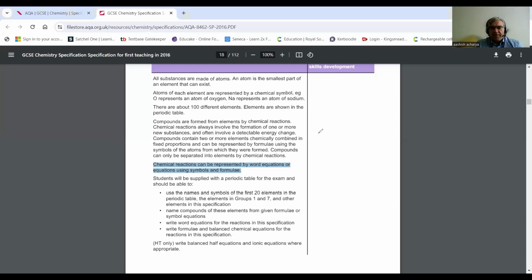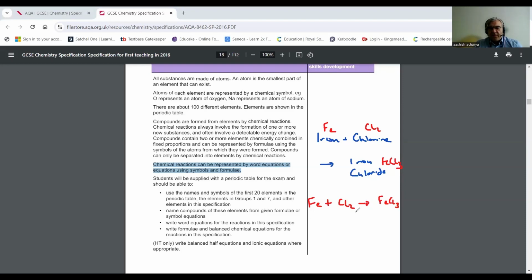So for example, if they said iron reacts with chlorine to form iron chloride, and they've given you the symbols for each, suppose they gave you FeCl2 and FeCl3, we just have to be in a position to write the balanced equation.